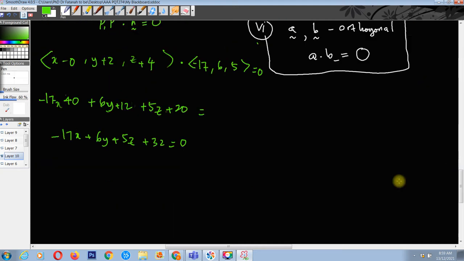So we move it here: 70x plus 6y plus 5z equals to negative 32. So we can put it as positive, so we multiply both sides by negative. So we get 70x minus 6y minus 5z equals to 32.